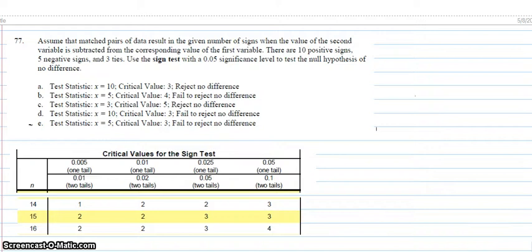Before we begin to solve this problem, let's look at what's given. It's telling us we have 10 positive signs, 5 negative signs, and 3 ties.